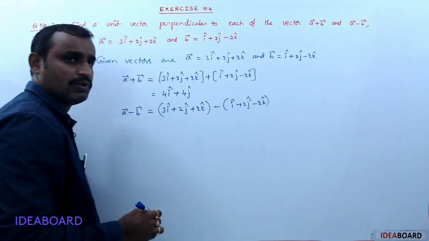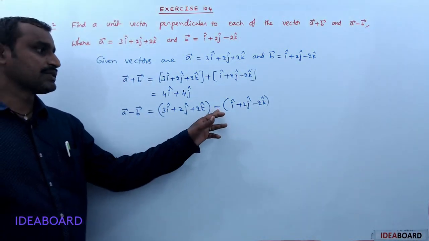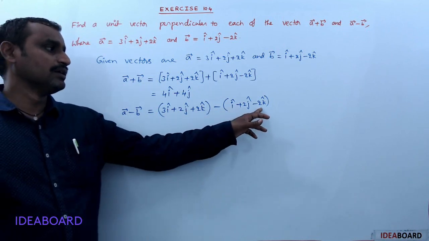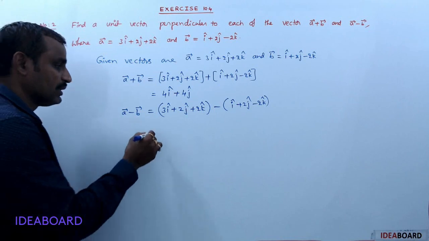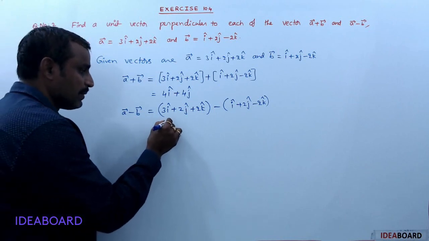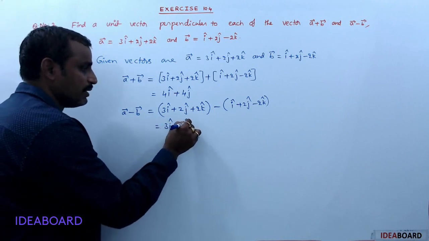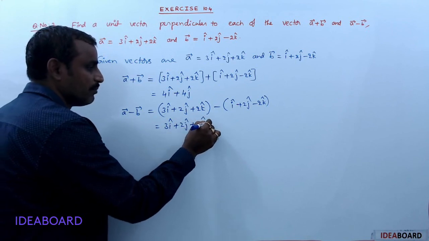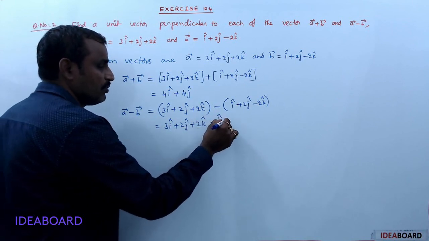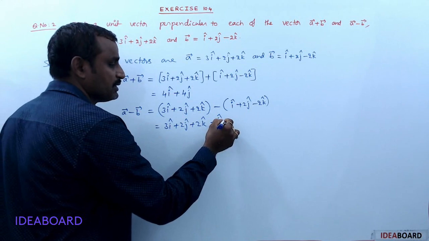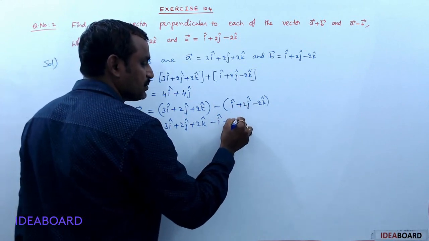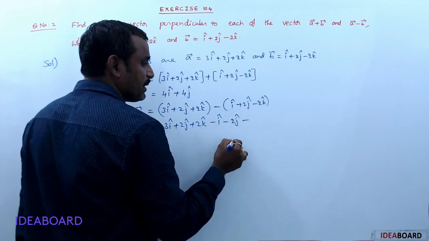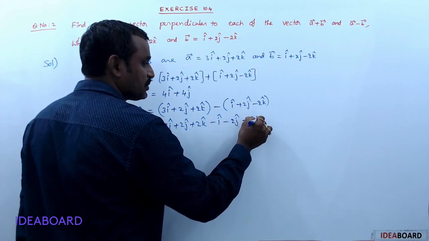Removing brackets, because of the negative sign here, inside elements you will get opposite signs. So 3i cap plus 2j cap plus 2k cap minus i cap, negative into positive gives negative, so minus 2j cap, and minus of minus is positive, plus 2k cap.